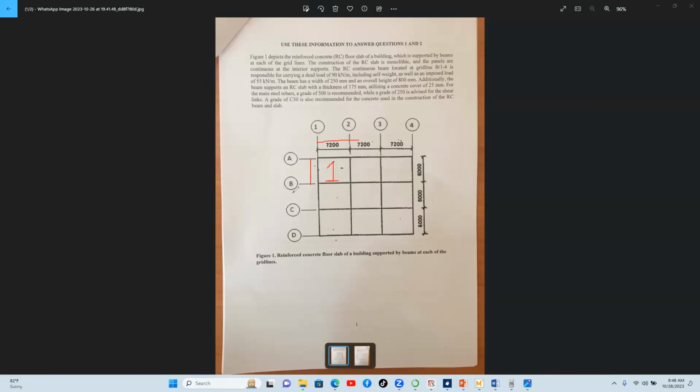You have to go to table 3.14. You will see types of panel and moments considered.